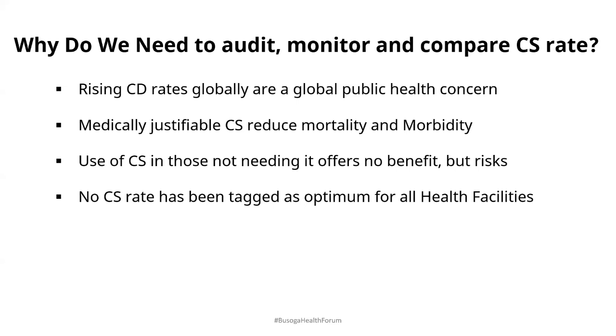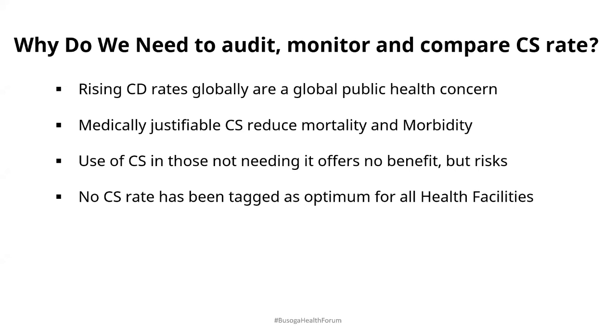So in us auditing and trying to monitor and compare cesarean delivery rates, it has actually been difficult to tag a particular cesarean section rate as optimum for all facilities. The reason is simple: all facilities are not the same. Some facilities are having better infrastructures.